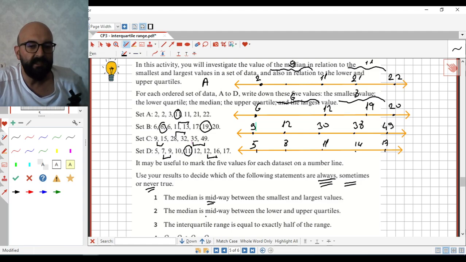The second statement: the median is midway between the lower and upper quartiles.